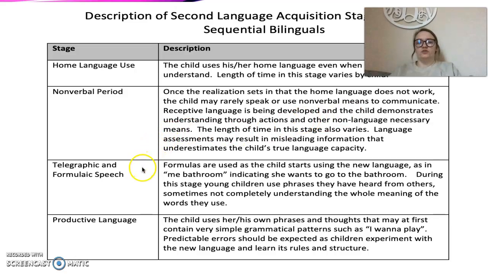Then they transition into stage 3, and they're starting to make some words and clearer statements that people who don't speak their home language can understand. And then into stage 4, with the productive language, they are very clear, making their own sentences. They are very excited about their new language. They can clearly speak it. We can understand them more.